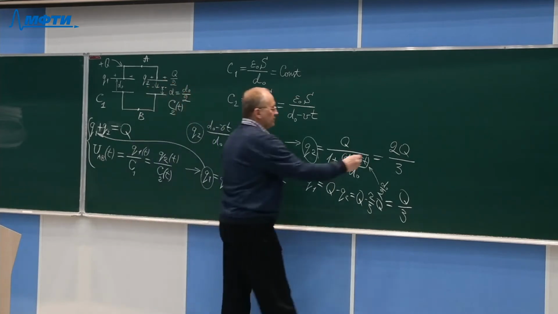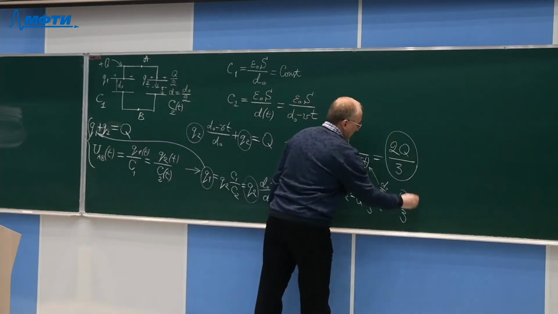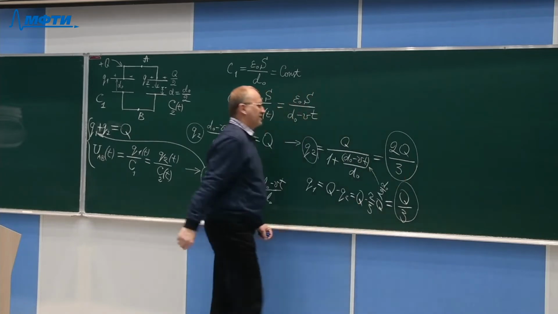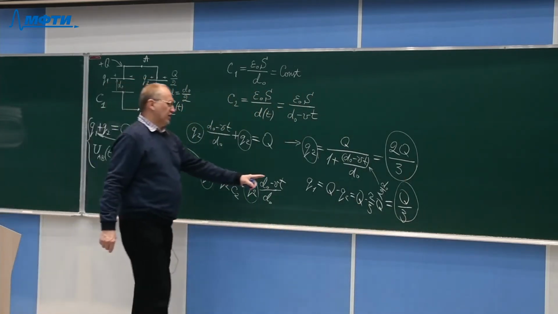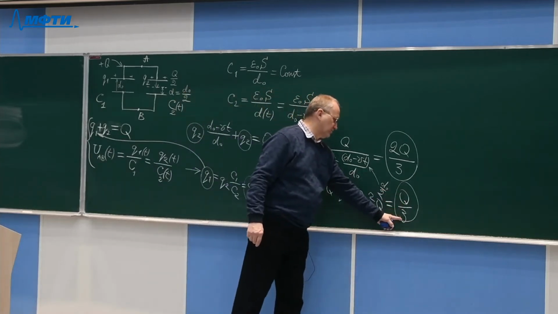So we know the final value of charges on both capacitors. The first capacitor will have a smaller charge. It will have the charge capital Q divided by 3.